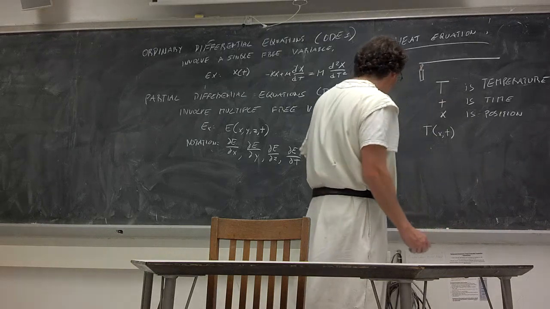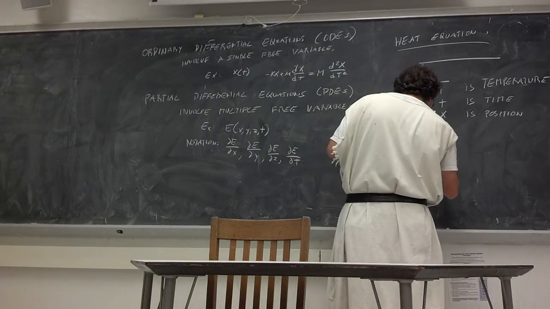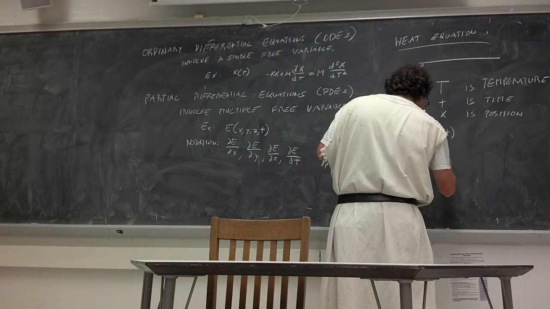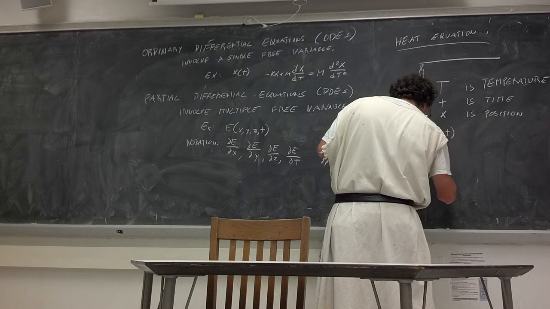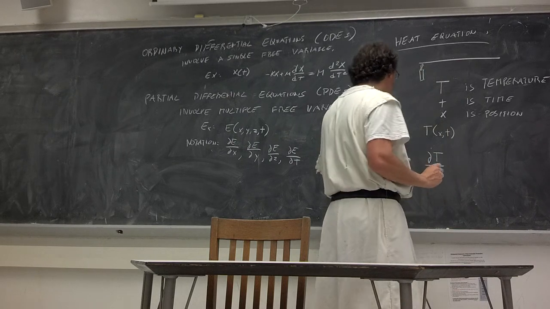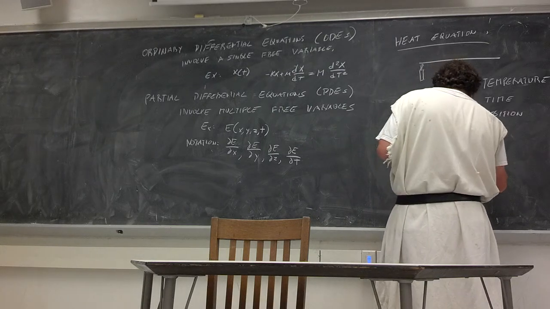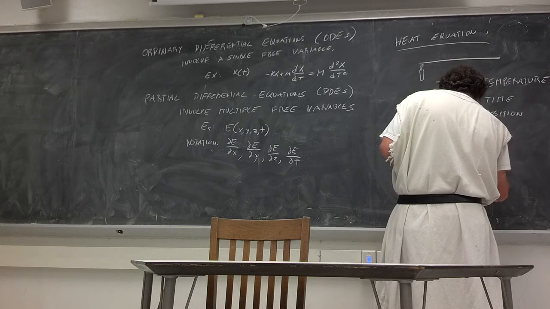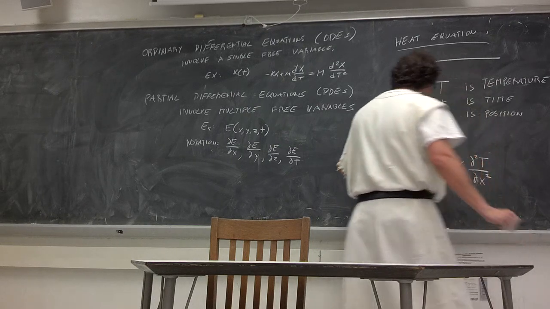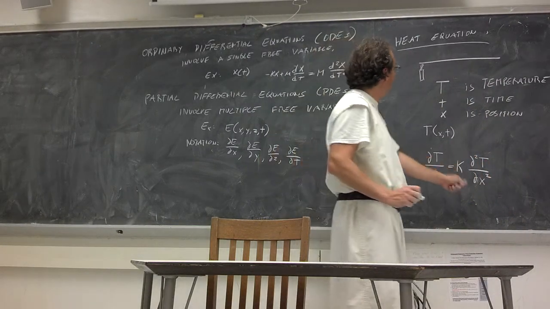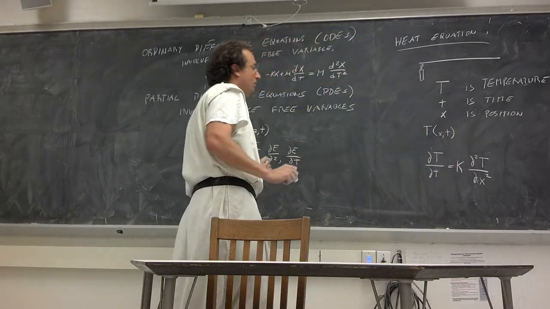And if I remember correctly, I think the equation governing this is the first derivative with respect to t, equal to some constant of proportionality times a second derivative with respect to position. And now I'm using the curly deltas because it's a partial differential equation.